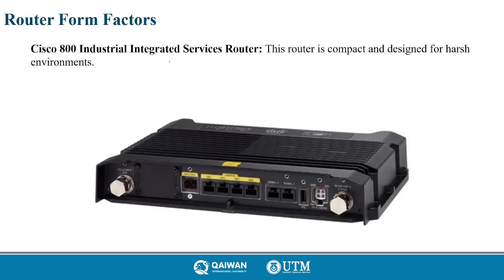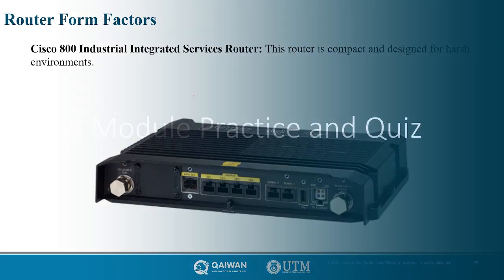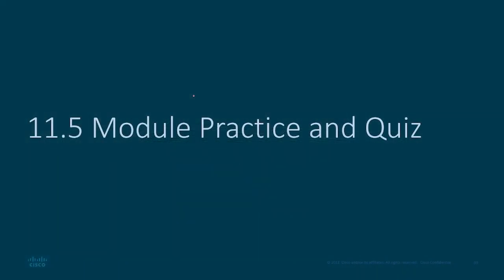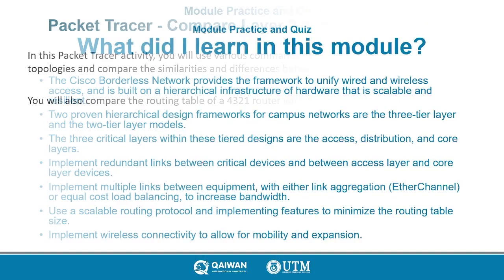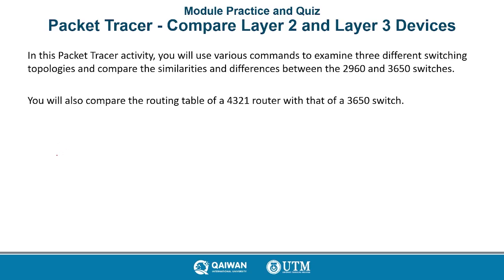Cisco 8000 Industrial Integrated Services Router, and this one is also for harsh environments, for an environment that is quite harsh, and it would be a good choice for this. And we will come to the end of this module. I want to tell you to please make sure that you get hands-on with this if you want to understand Packet Tracer, and if you want to understand more about layer 2 and layer 3 devices.